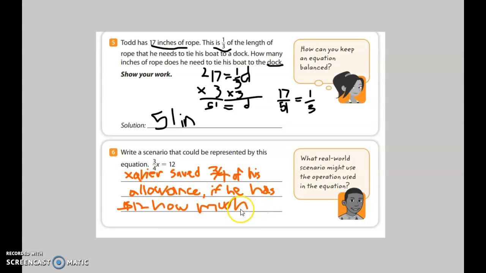Pretend that's a c. And pretend that's an o.